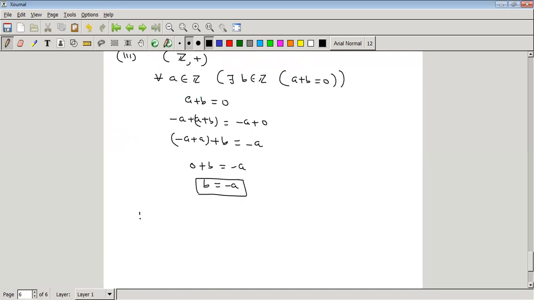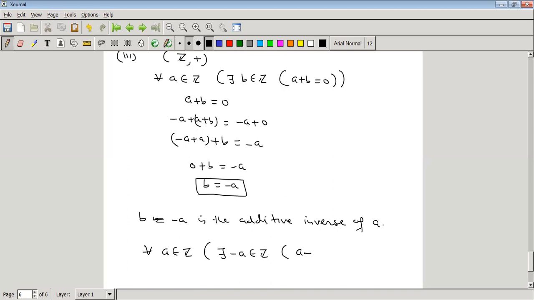Now I can write B equals minus A is the additive inverse of A. So we can also modify this: given A belongs to Z, there exists minus A belongs to Z such that A plus minus A equals 0, that is equal to minus A plus A, right?